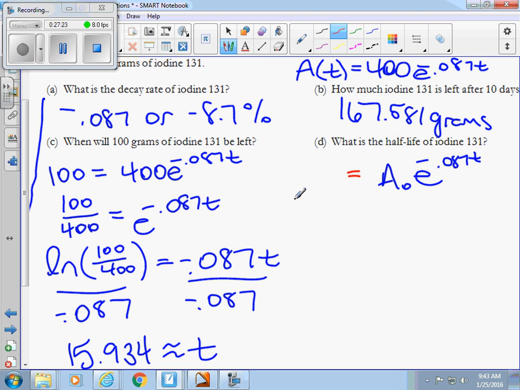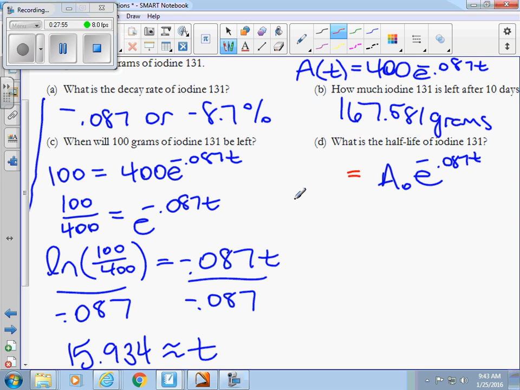What is a half-life? Anyone from science know? It is the time it takes for half of the substance to be left in a radioactive decay problem.